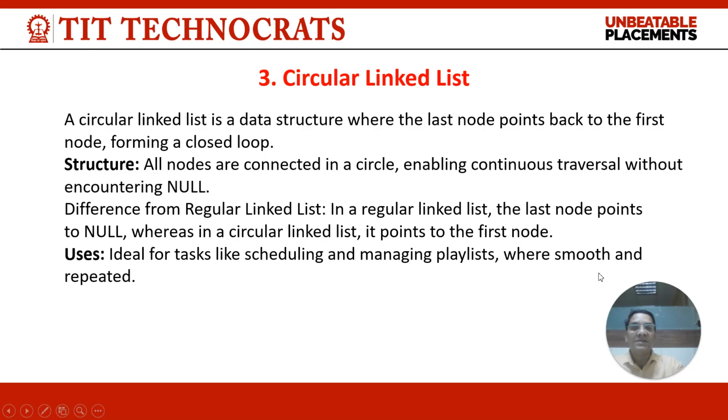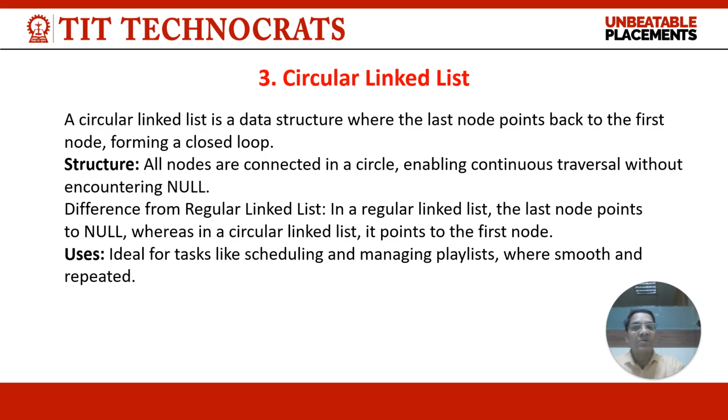Next linked list is the circular linked list. A circular linked list is a data structure where the last node points back to the first node, forming a closed loop. Structure of a circular linked list: all nodes are connected in a circle, enabling continuous traversal without encountering null.